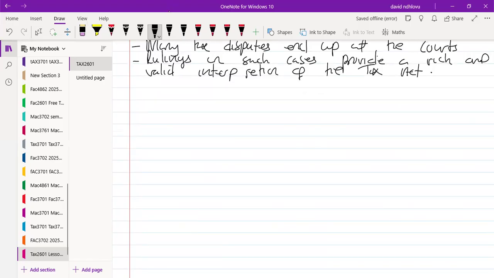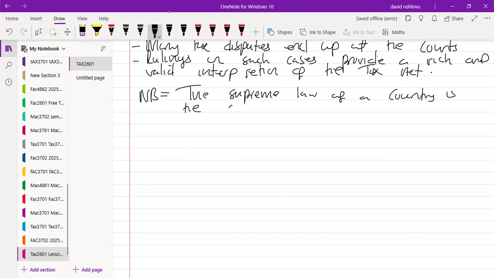However, I want you to take note that the supreme law of a country is the Constitution. So previous rulings and present legislation must be subordinate to the Constitution.